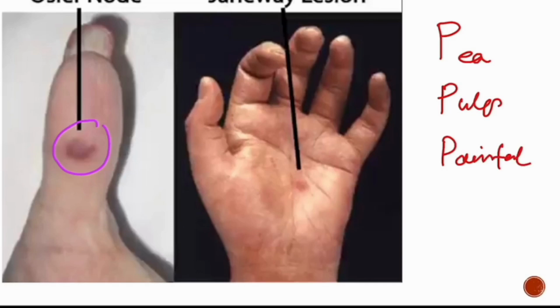So here, palpate the finger and see whether there is one. Janeway lesions are similar lesions on the palm which are not painful. That is the difference between Osler's nodes and Janeway lesions. Then again you look for any abnormalities in the hands, any deformities, wasting, all other things should be looked for.